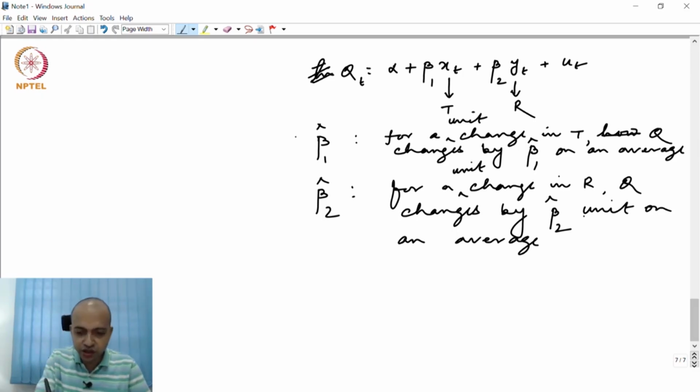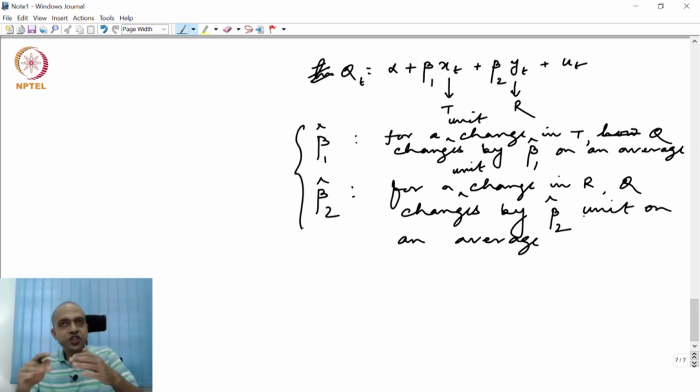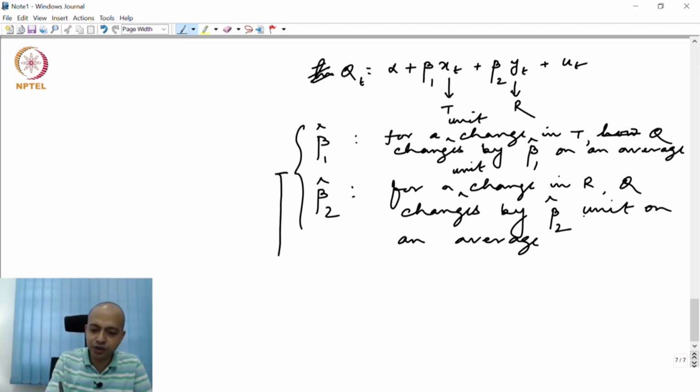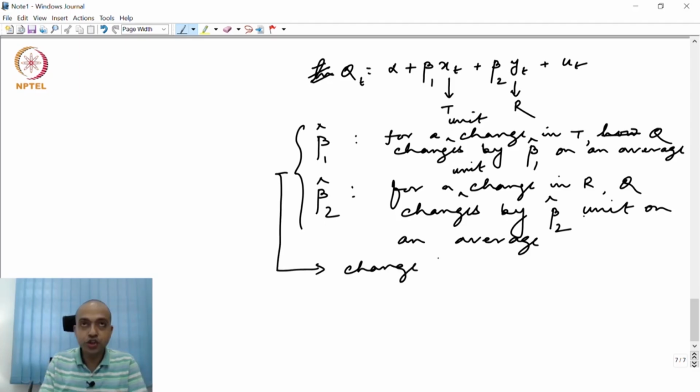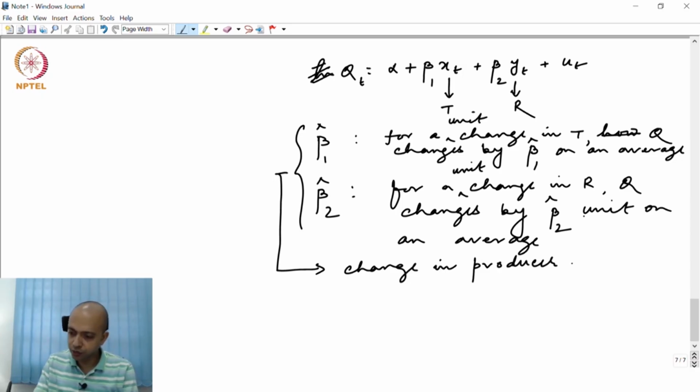So from this change in production due to change in rainfall and temperature due to global warming, we can again calculate the change in producer surplus and consumer surplus.